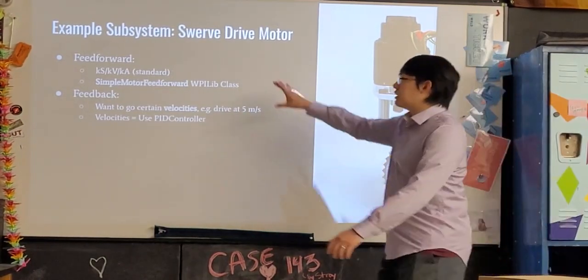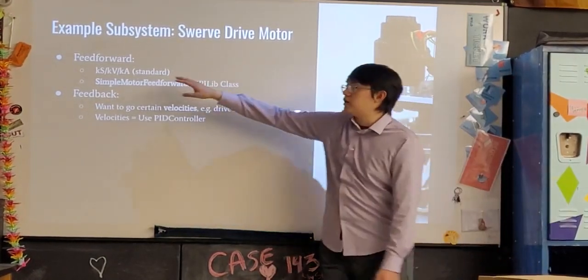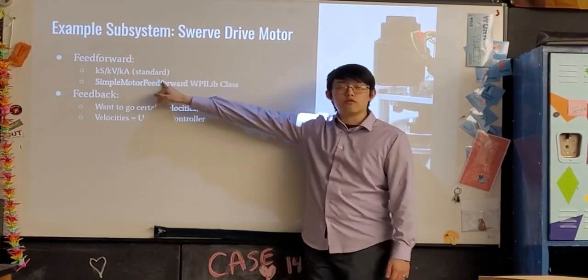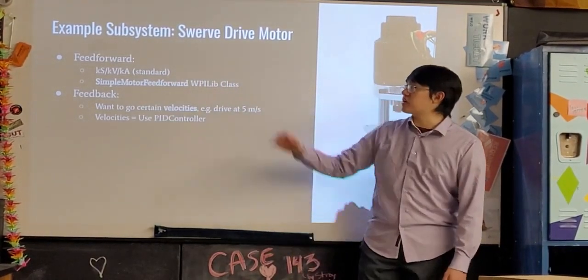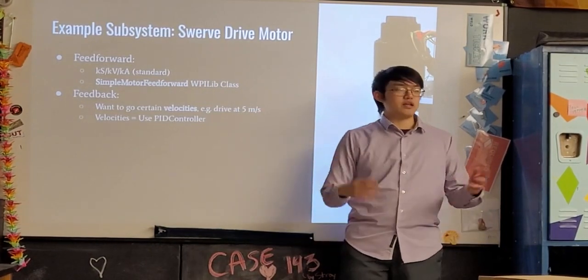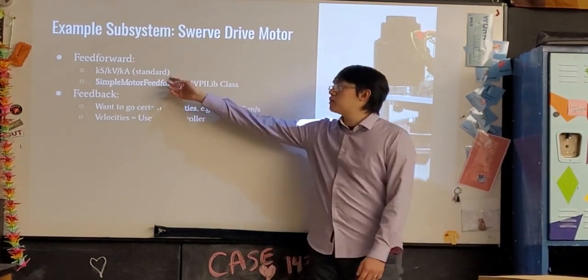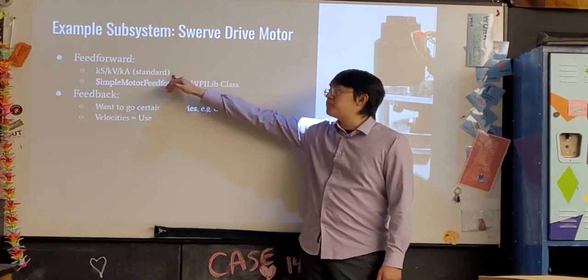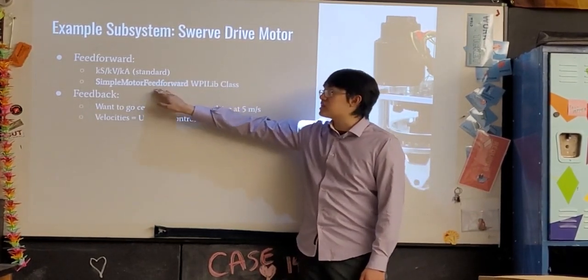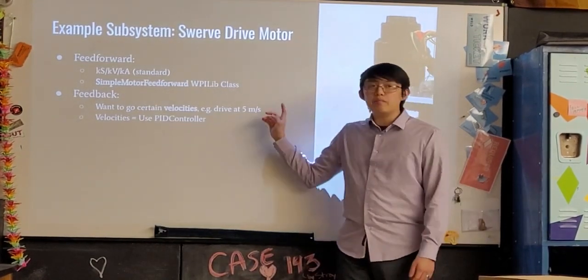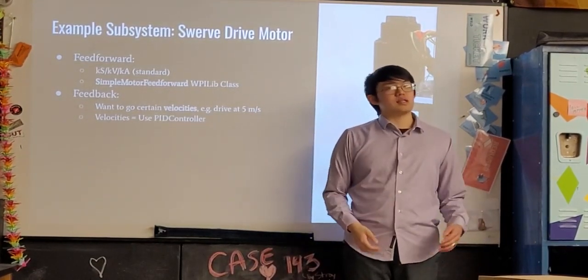Your feed forward, the prediction algorithm, will have some standard feed forward constants, Ks, Kv, and Ka. Anything that has a standard set of feed forward constants will use the simple motor feed forward WPILib class.